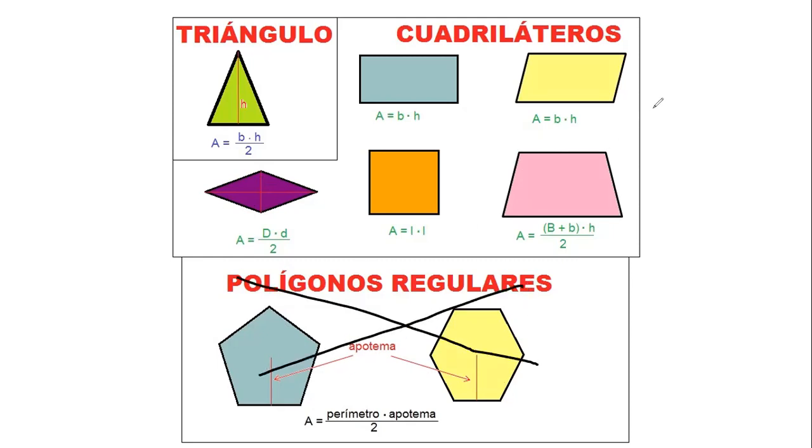Please write only these 6 figures here. And we can also use this formula for the square, because the square has 2 diagonals. If I multiply this diagonal times this one over 2, I will also get the area of a square. So please write, and when you finish your writing, please send it to me.